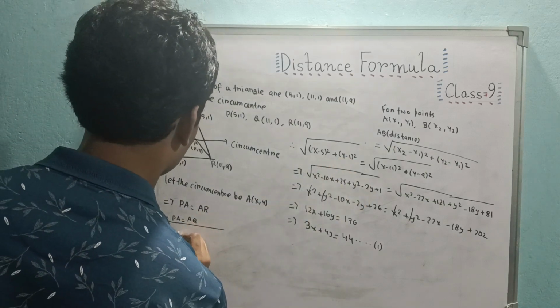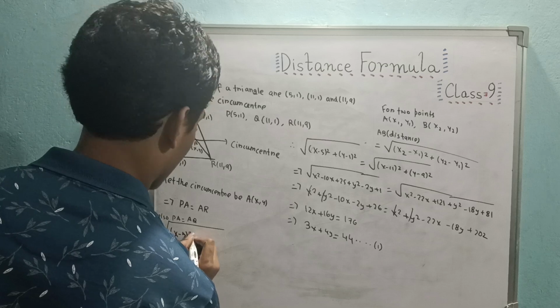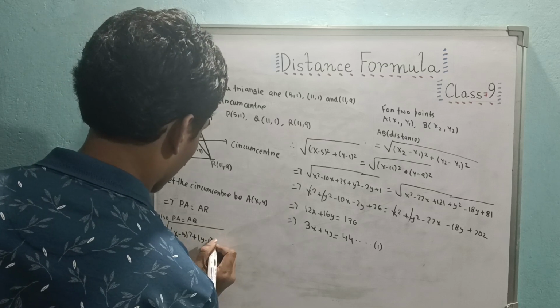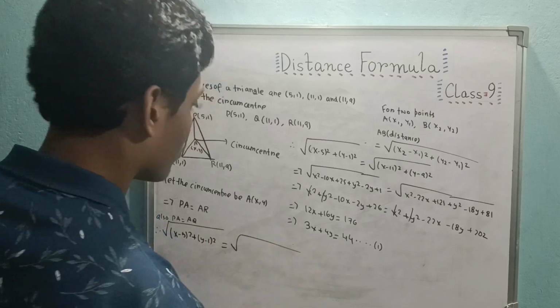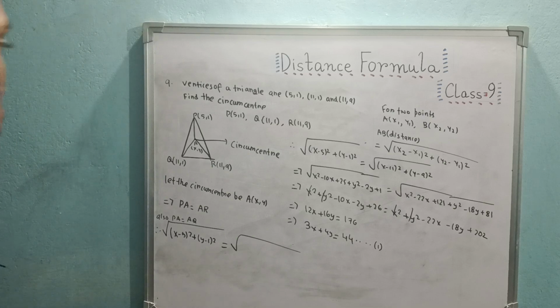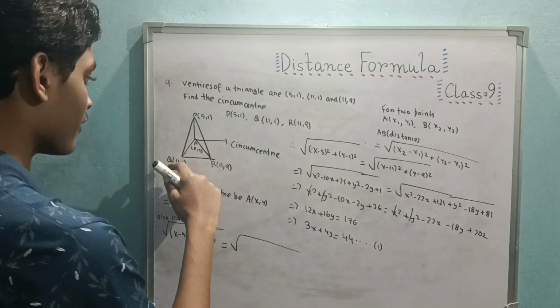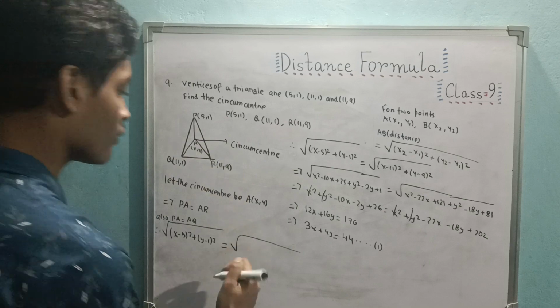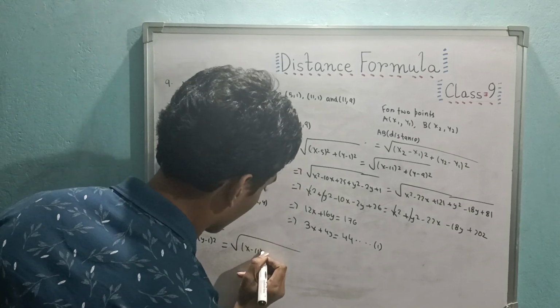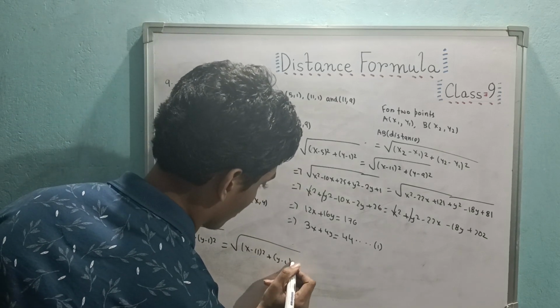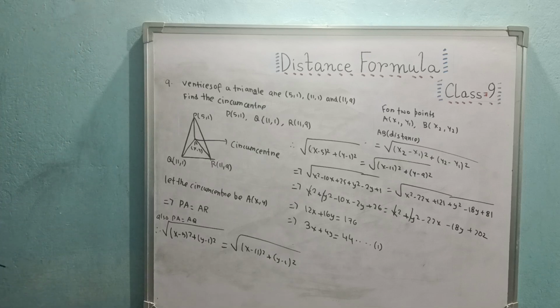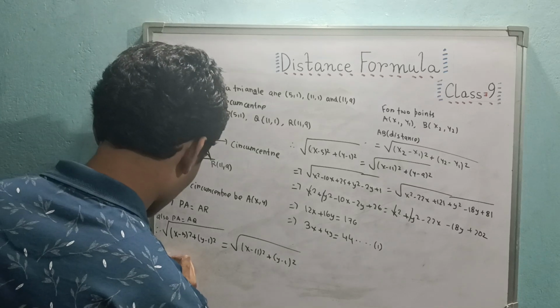So x minus 5 whole square plus y minus 1 whole square equal to root of AQ. AQ's equation again is x minus 11 square plus y minus 1 square. I am just directly calculating, you can directly do it.